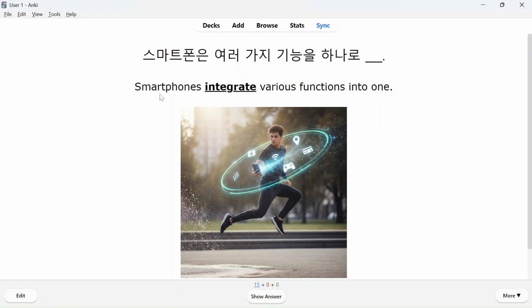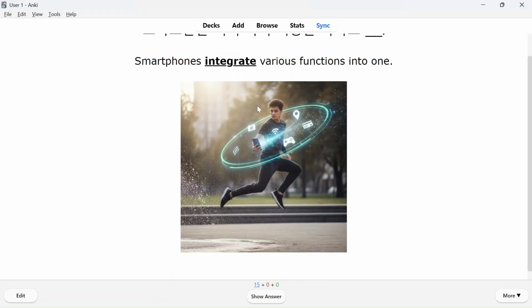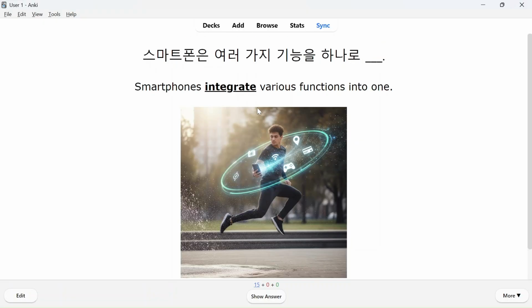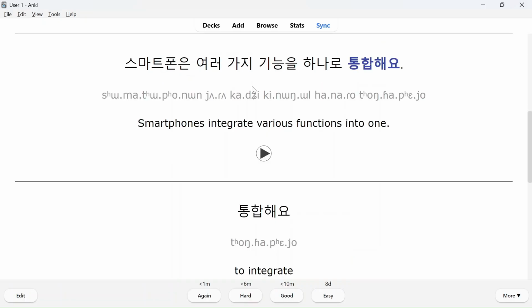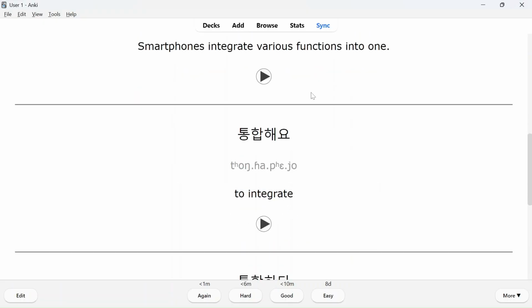So the sentence is smartphones integrate various functions into one. And integrate is bolded and underlined. So we have to know what integrate is in Korean. And finally, we have a visual representation of the sentence and the word that we're looking for. We have an image. What is integrate? 스마트폰은 여러 가지 기능을 하나로 통합해요. 통합해요. 통합하다.